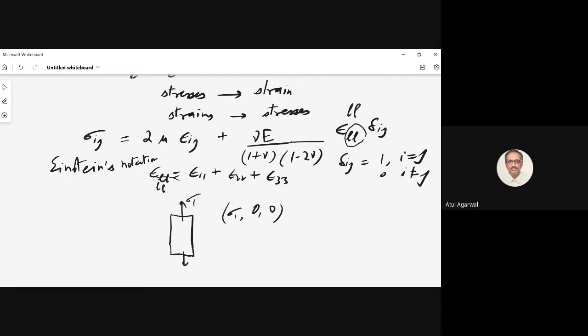So what will be your epsilon 1? Yes, Kailash. Sir, here it will be sigma 1 by E. Okay. What will be epsilon 2? It will be 0, sir. Sorry, due to generalized Hooke's law, yes, sir. Okay.